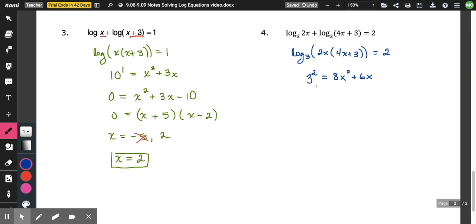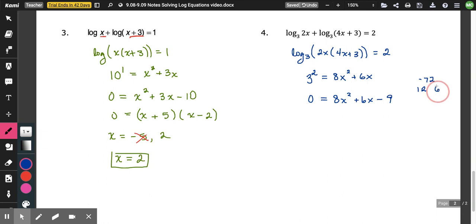And now I'm down to a quadratic equation. So to solve it, I'm going to create a 0 on one side. And then we'll try factoring. All right, so let's see. My outside and inside product would be negative 72 on this one. So I'm looking for numbers that multiply to make a negative 72 and add to make a positive 6.